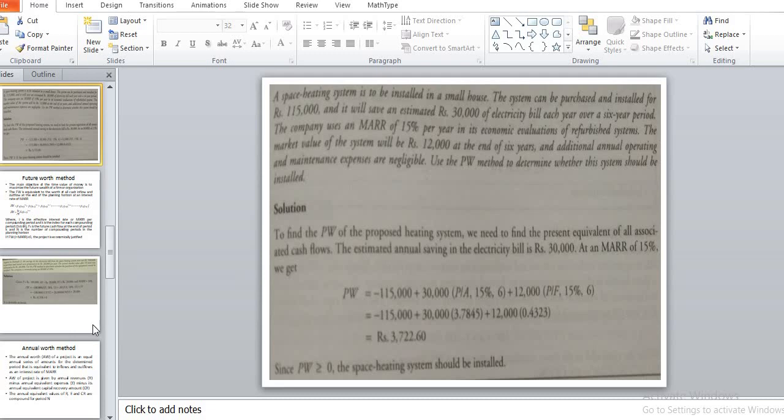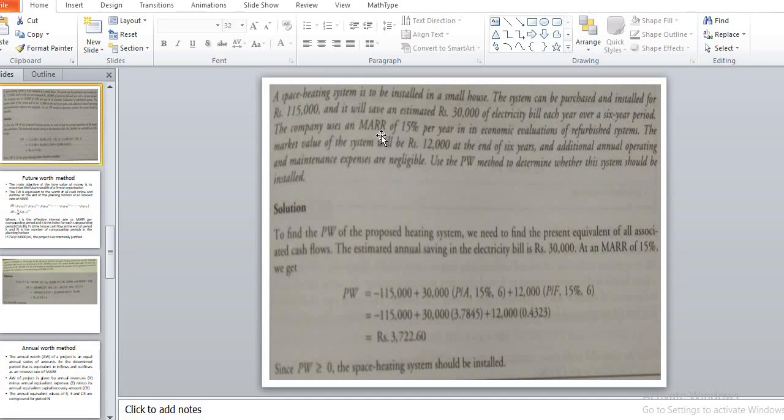Here a space heating system is considered. It is purchased and installed for rupees 1,15,000, and it will save 30,000 in electricity bill per year. The period considered for this present worth is a 6-year period.